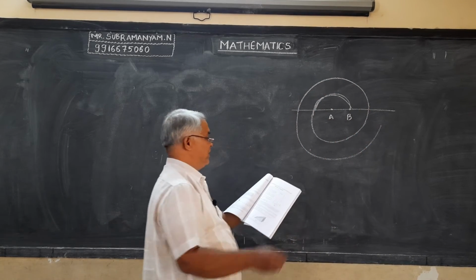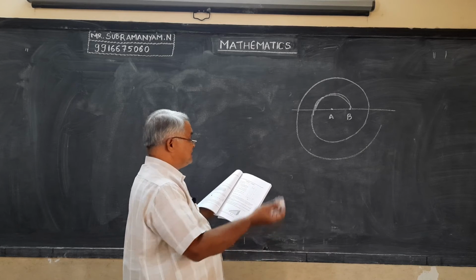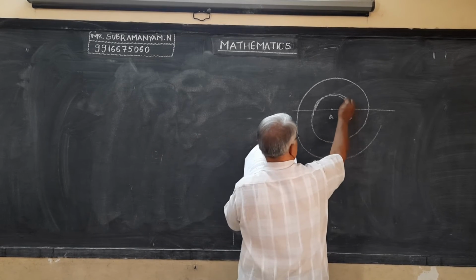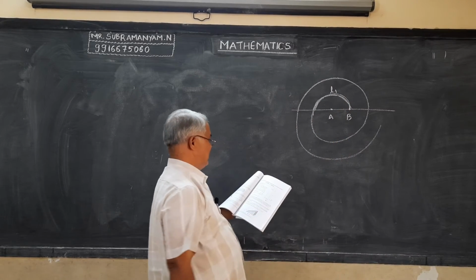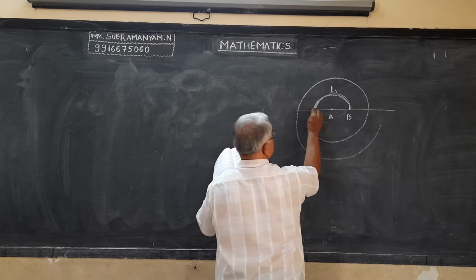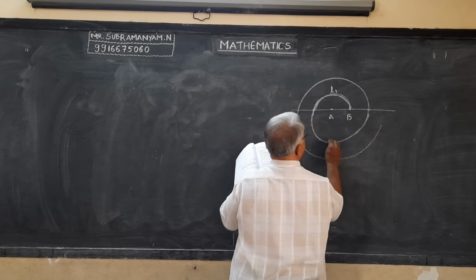Like this it will continue. Here, let us see how many semicircles there are. From here to here, this is L1, length 1, let us say. And from here to here, it is called L2.